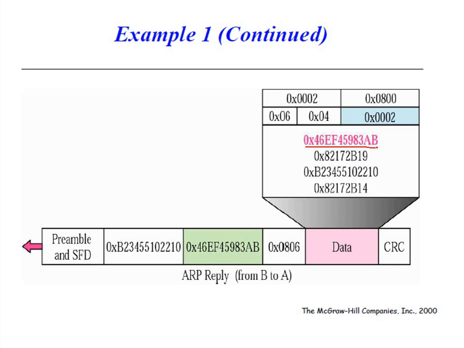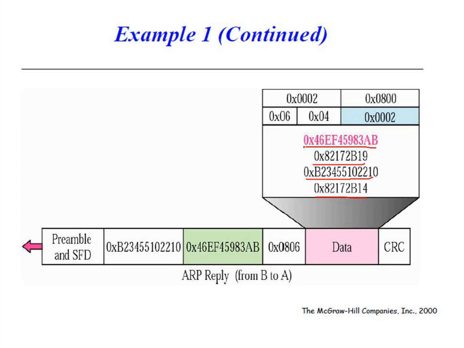So the address will be replaced by this physical address and its IP address. Then it will take the address from that request and it will put its hardware address over here and its IP address over here.